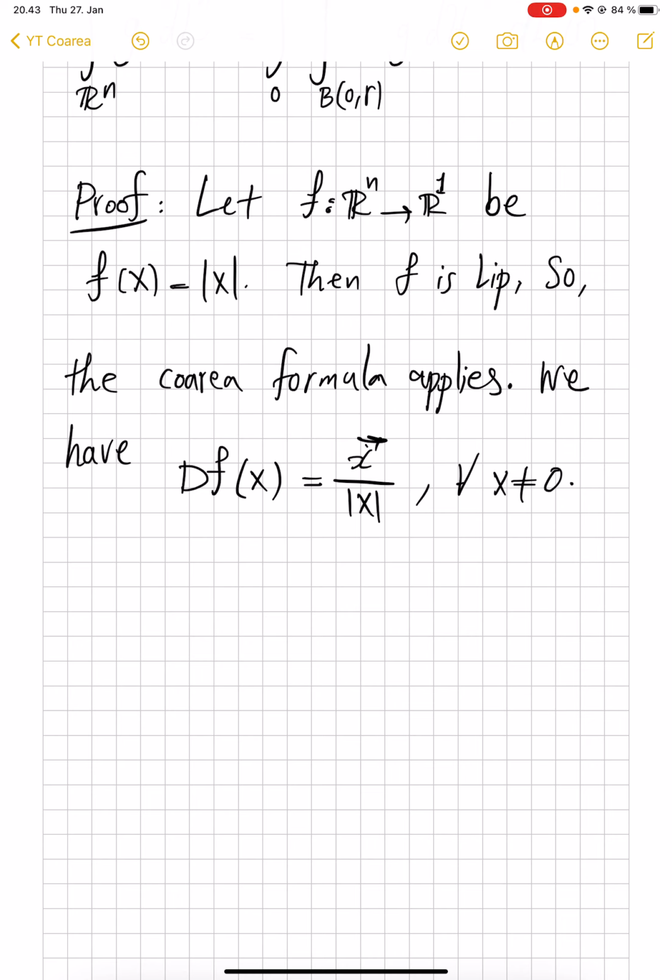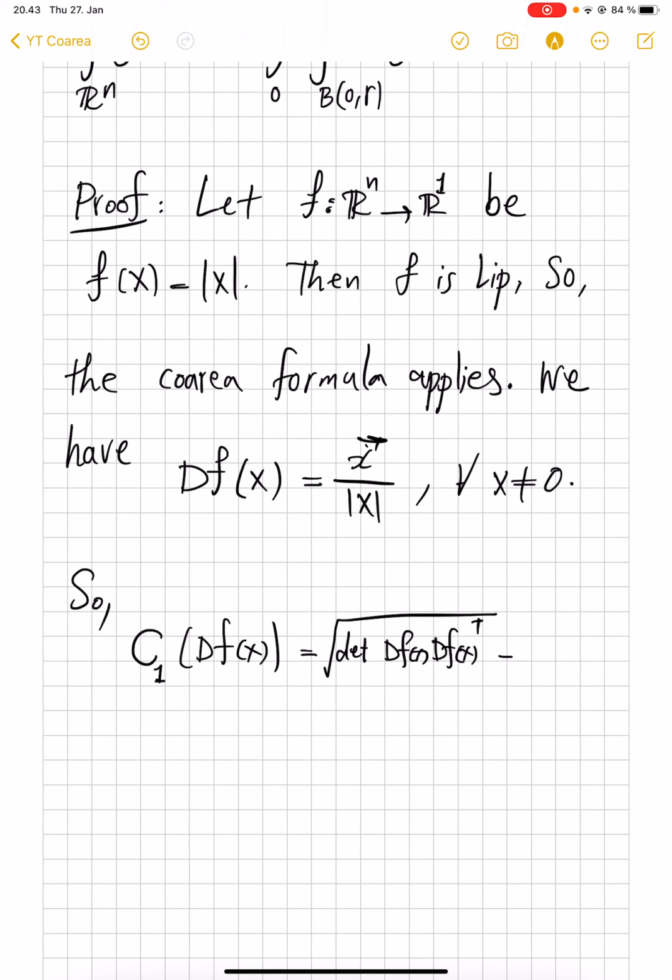In particular, the coarea factor, which here will be the one-dimensional one, of the derivative of f at x, which by definition is the square root of the determinant of the derivative times its transpose, will be just 1 for every x other than 0.